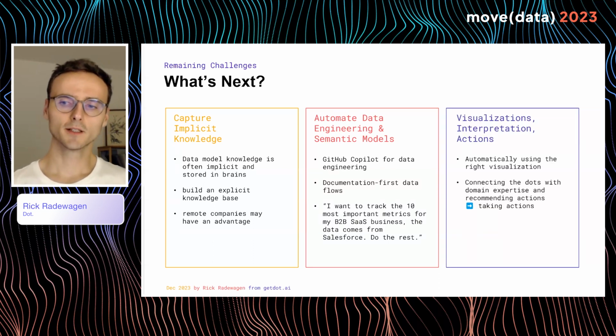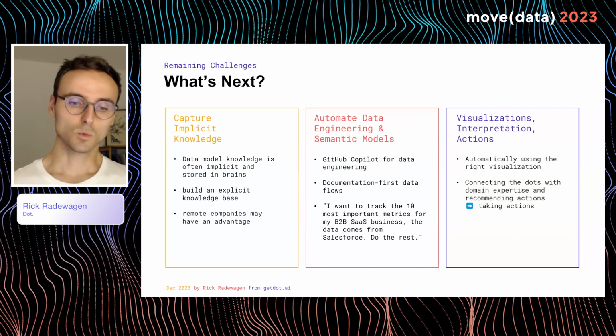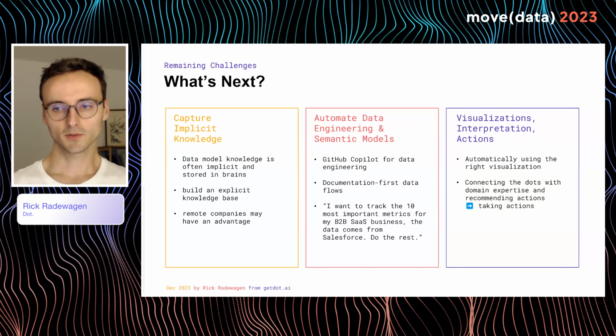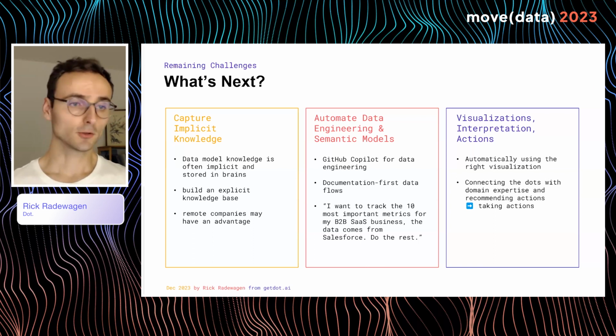And then the last one, less focused on the input space, but more on the output space. Visualizations are a low-hanging fruit here, to not just get the data back from the SQL statement, but to get it visualized. That's something we also do with Dot, for example. And then the next step is that the agent has more domain knowledge, business expertise, and can also recommend actions and put things into perspective.